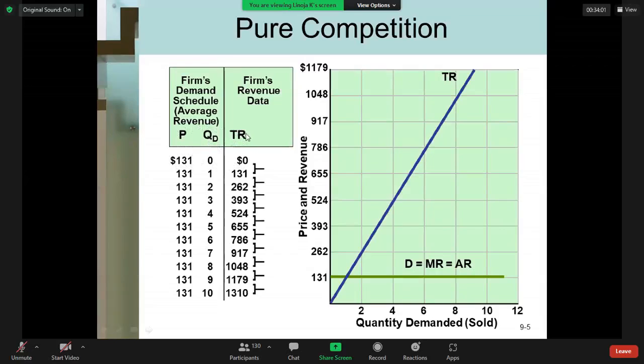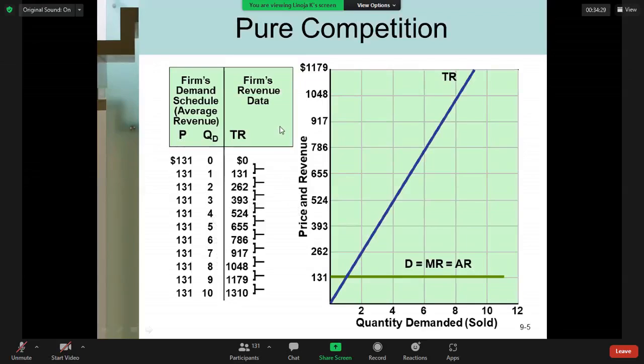Then you will get TR. If you have some doubt, you can mark this as total revenue. Whatever notes you want, you can take down because everything is not available in the slide. You can take notes in your own way. So 131 into 0, 131 into 1, like that, you have to get the value of total revenue for each quantity demanded.